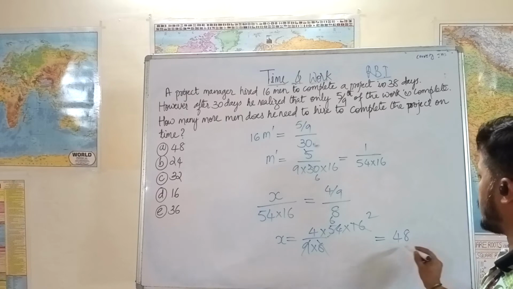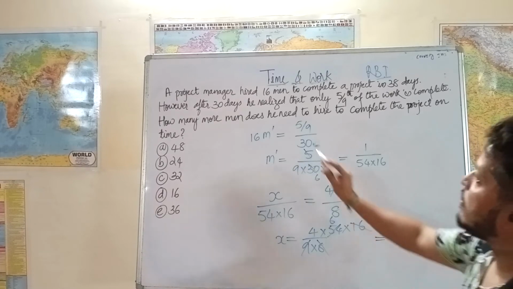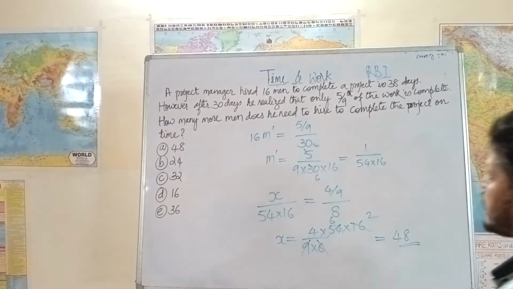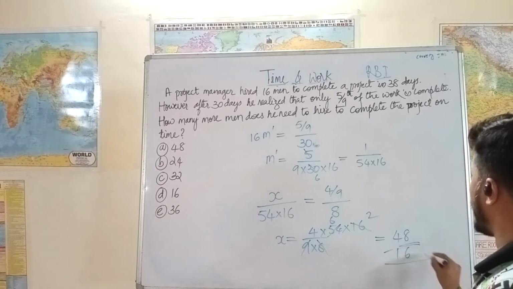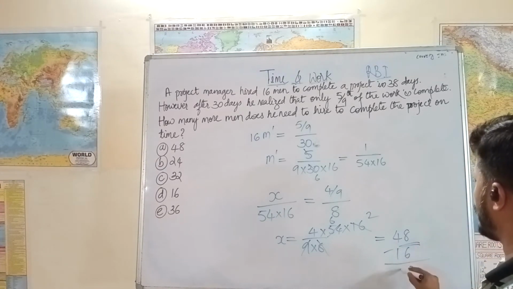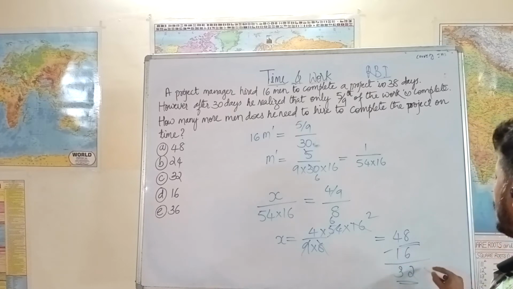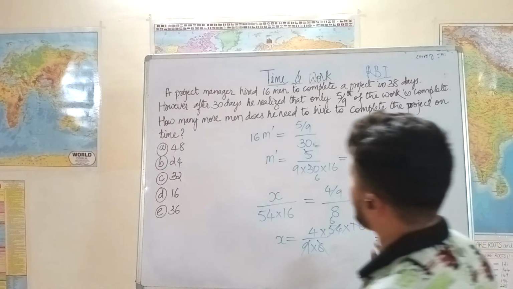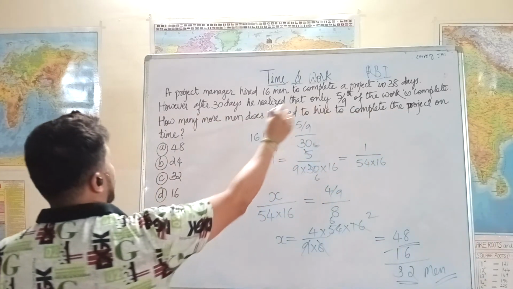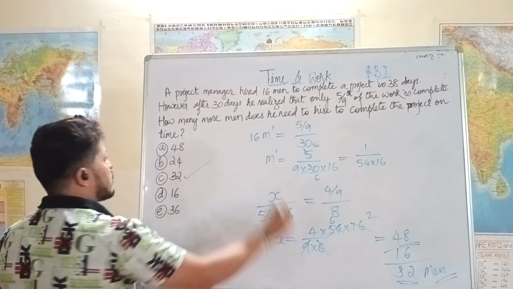So total men required is 48. But he already had 60 people working with him already, right? So let's minus that 16. He already has, so it's 2 and 3, 32. So he needs 32 extra men to complete that project on time. So option C, 32 is the right answer.